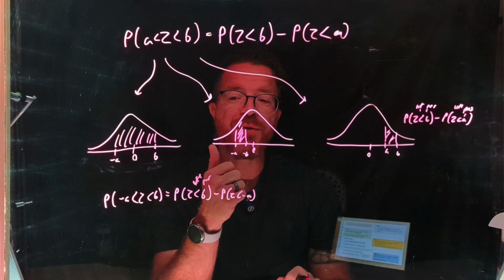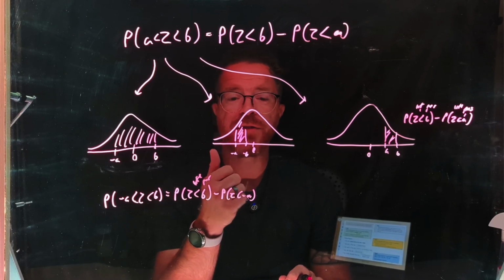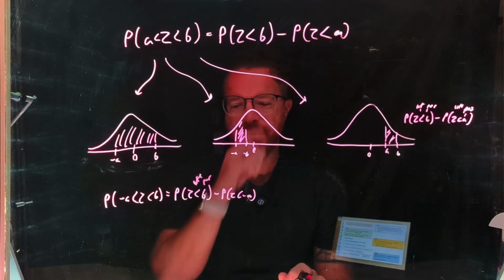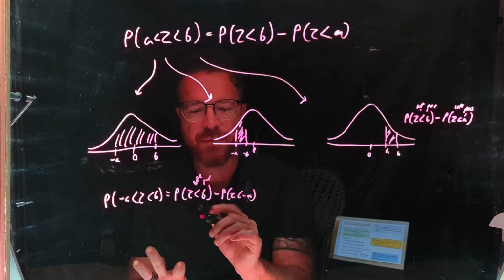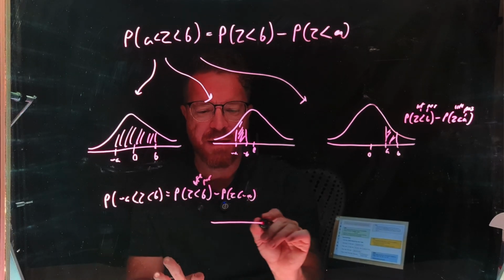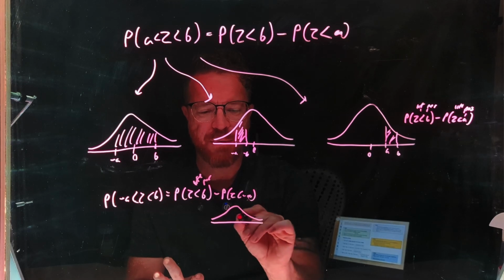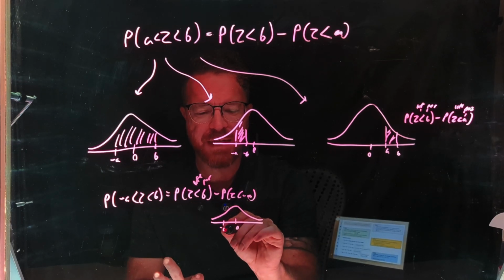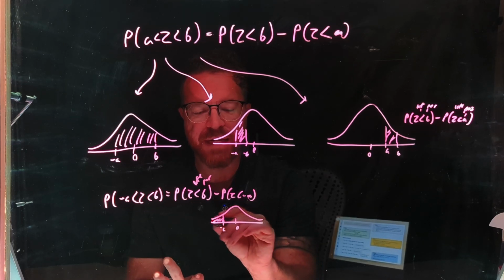So the first thing I need to do is use symmetry to flip it to a positive, right? I'm just going to focus on this part right here. If I have my standard normal centered at 0 and I have negative a, I'm looking to the left of negative a.